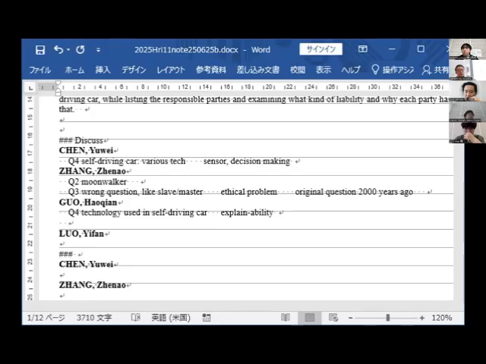Some researchers let the AI model output the decision chain of the model, and I think this technology will help us to reduce the legal duty problem.